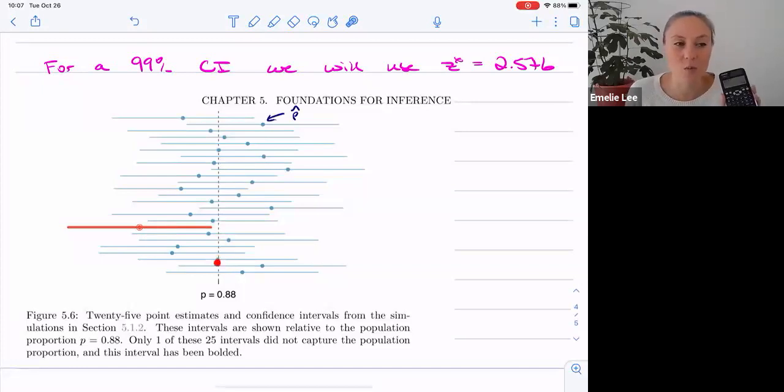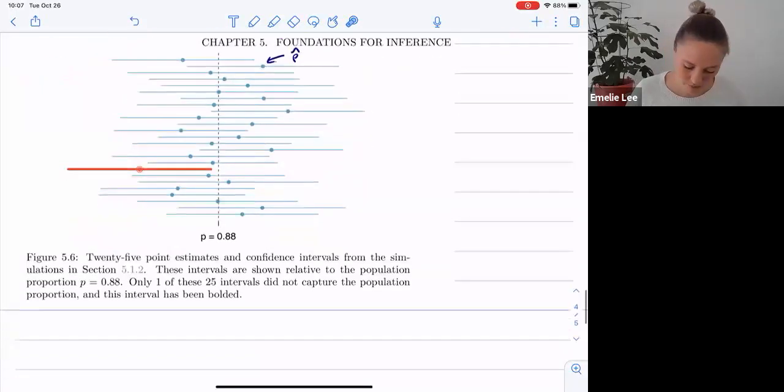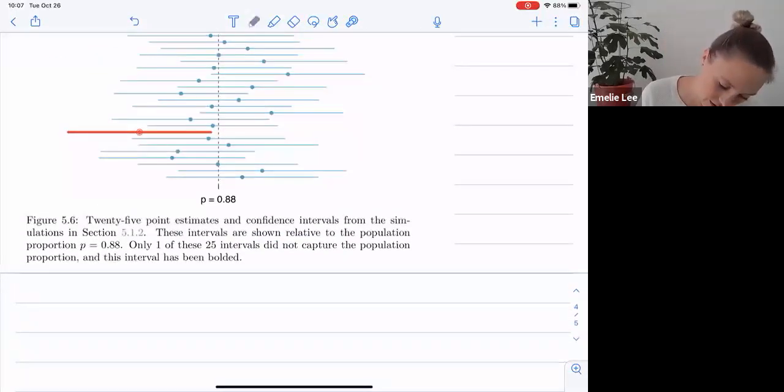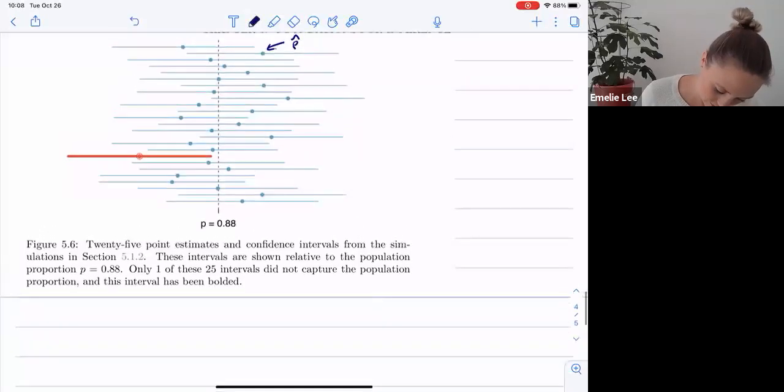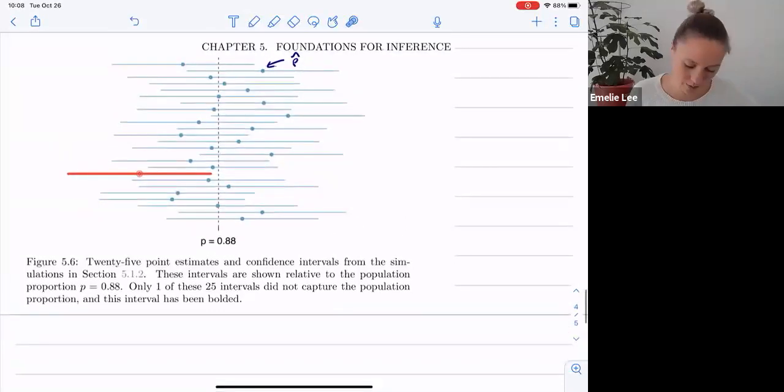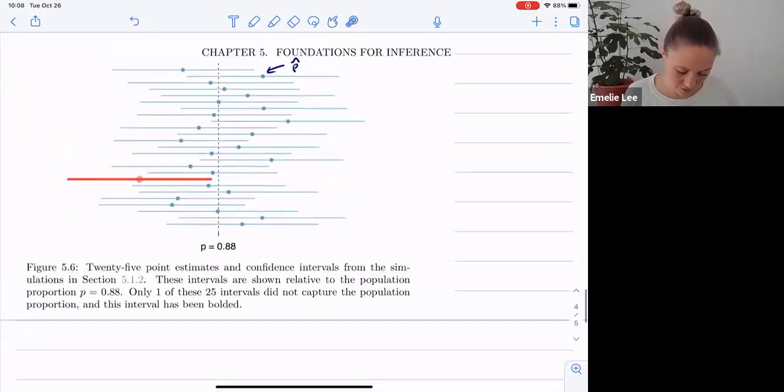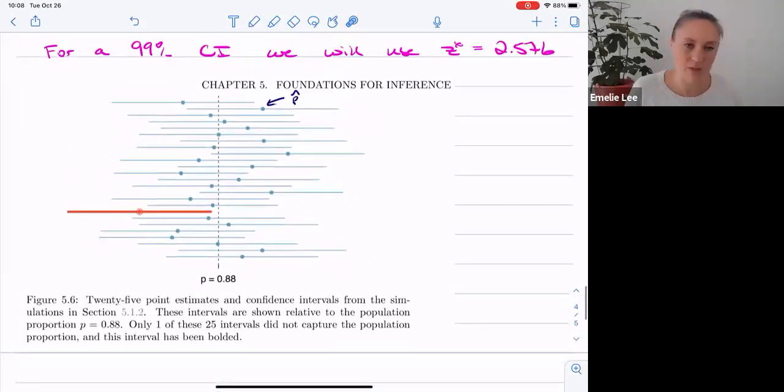So 96% of these captured the 0.88. This is probably a 95% confidence interval, I think. Yeah, I'm assuming. So with a 95% confidence interval, 96% are capturing the population proportion. That's really good.